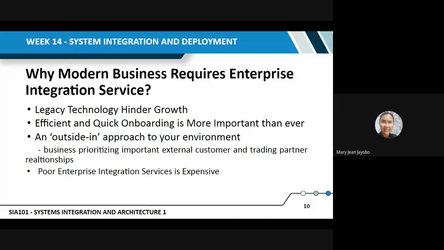Kasi ang competition ngayon, it's not how well the company manages their business, but part of the competition ngayon is that the businesses should be able to adapt to the technology, to the changes in the society, sa technology, sa environment. And of course, lahat yan naka-integrate na, pumapasok na ngayon yung system.